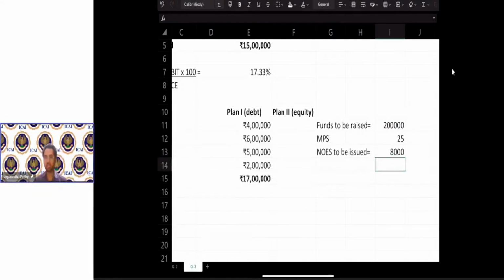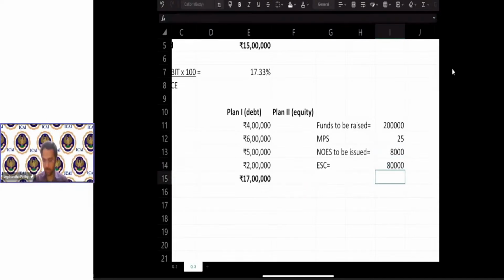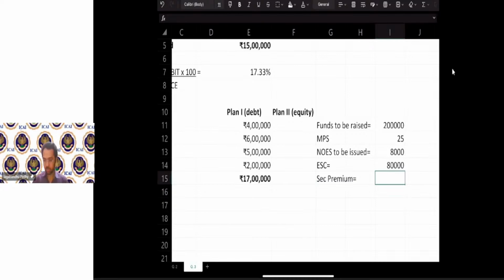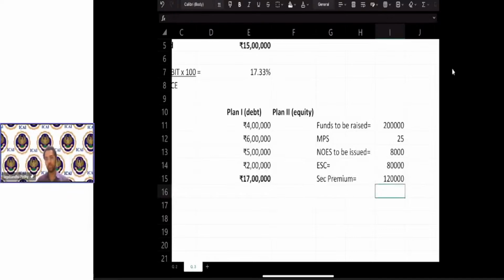Now this 8,000 shares will contribute to equity share capital to what tune? 8,000 multiplied by 10. And what about the securities premium? Securities premium will be 8,000 multiplied by 25 minus 10, which is 1,20,000, right?